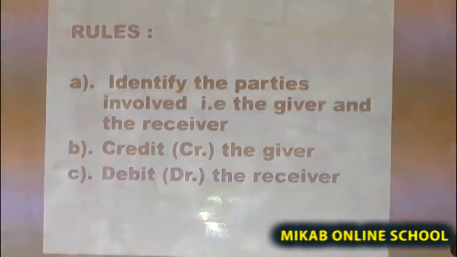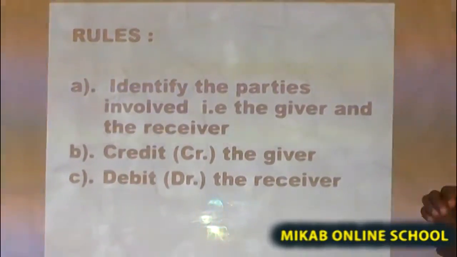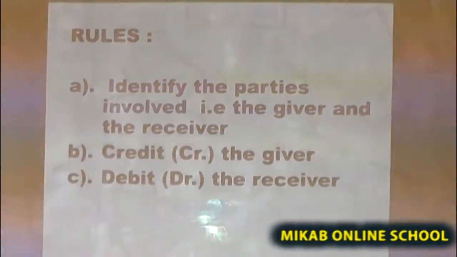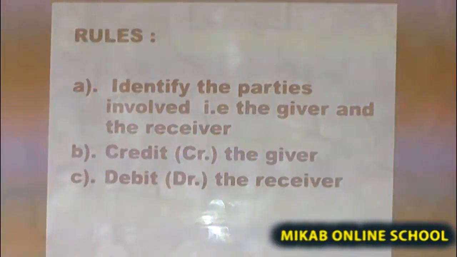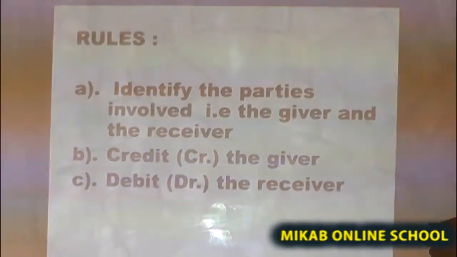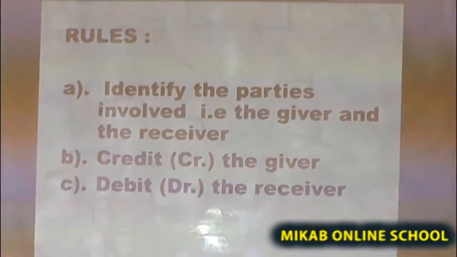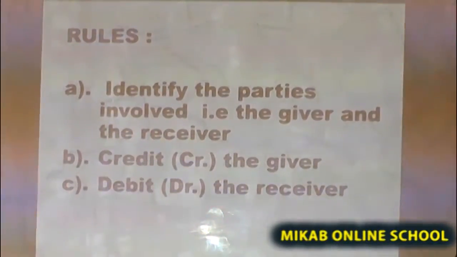The first rule, you identify the parties involved. The second is to credit the giver, that is, the party giving out, parting away with resources, should be credited. Then debit the receiver.